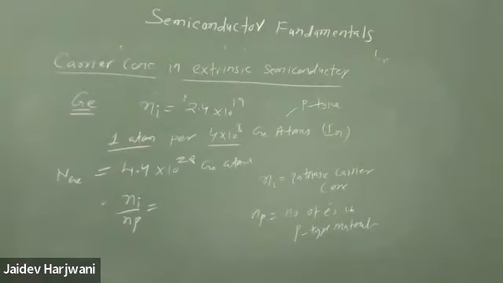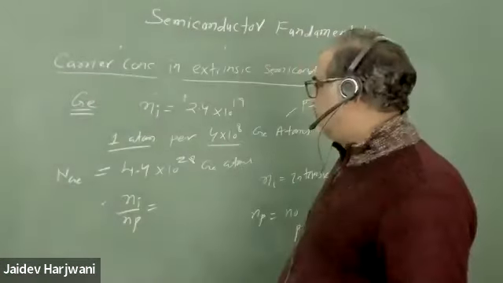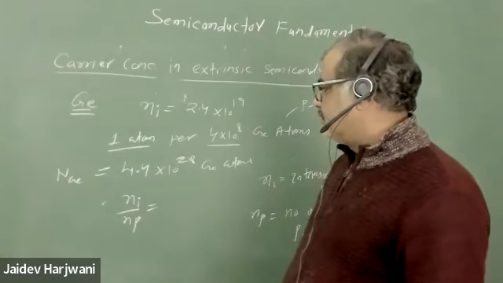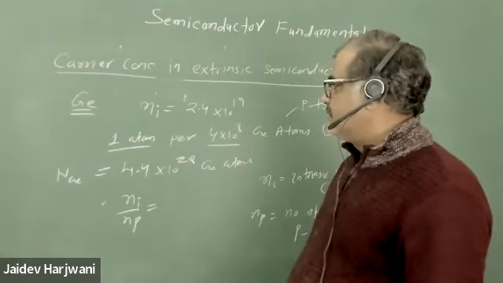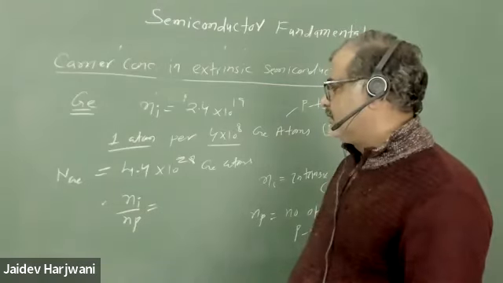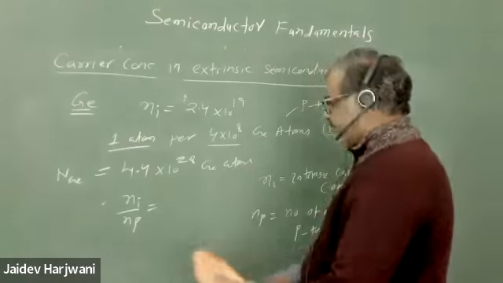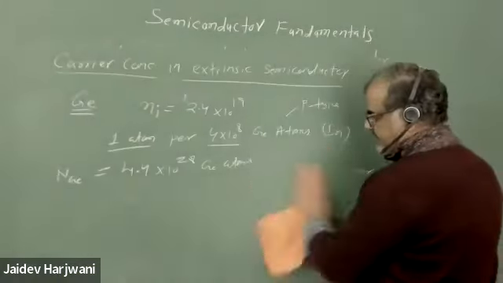How should I calculate? First I need to calculate what the doping is. The doping is p-type.